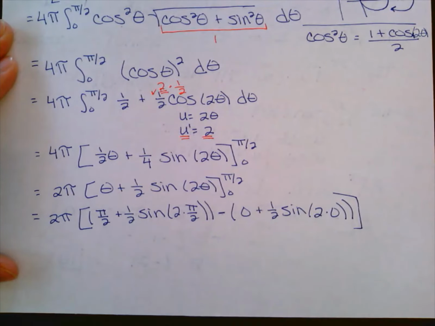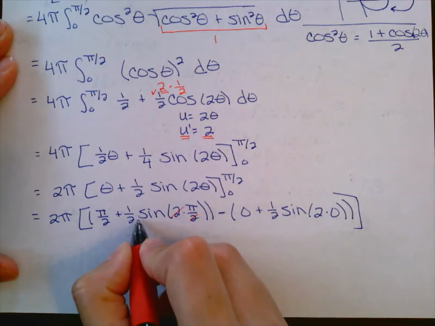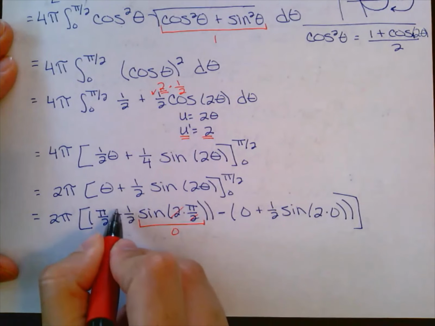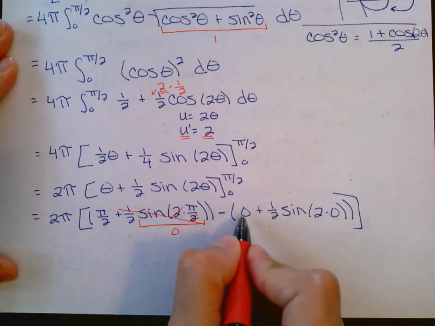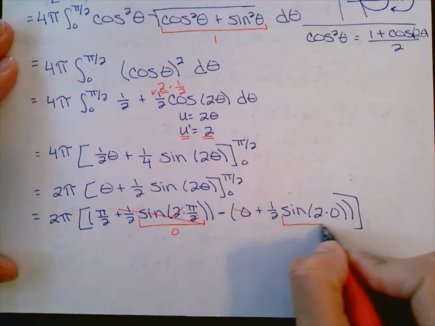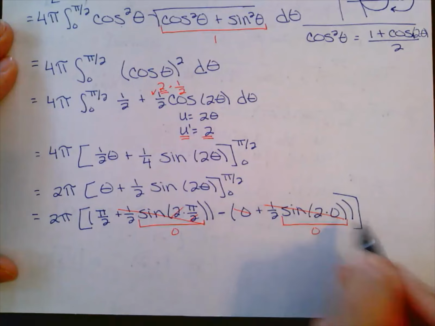So here, the 2's cancel, and I'm working with sine of pi, which sine of pi is 0, which will cancel out this entire term. I have a 0 here, and then 2 times 0 is 0. Sine of 0 is 0, canceling out this entire term as well.